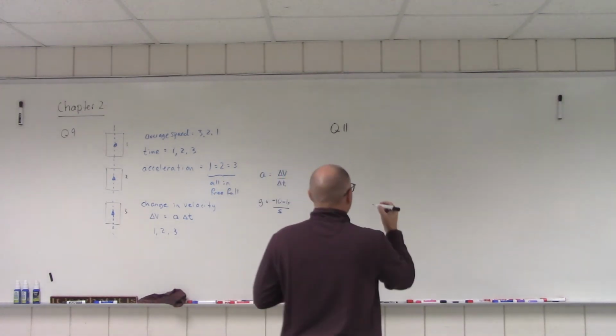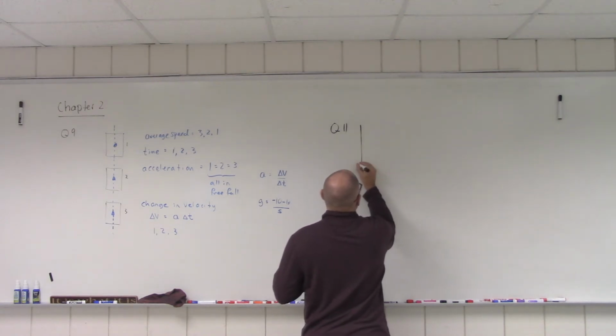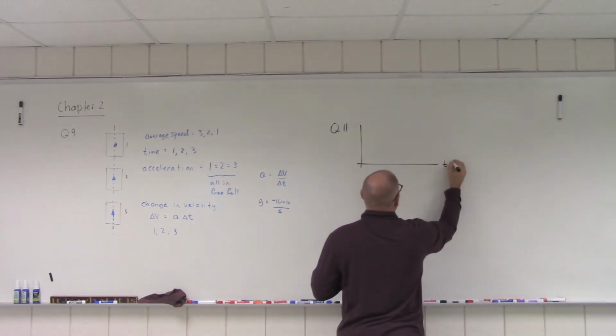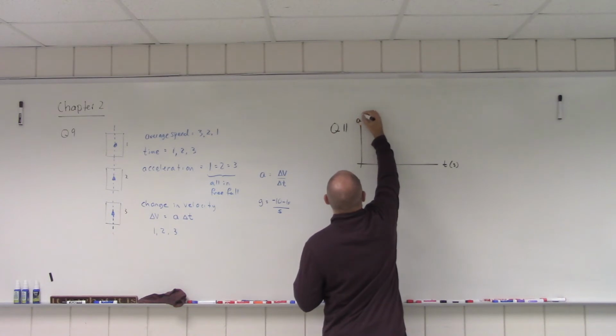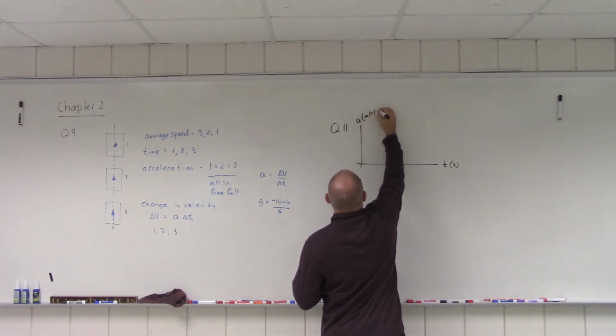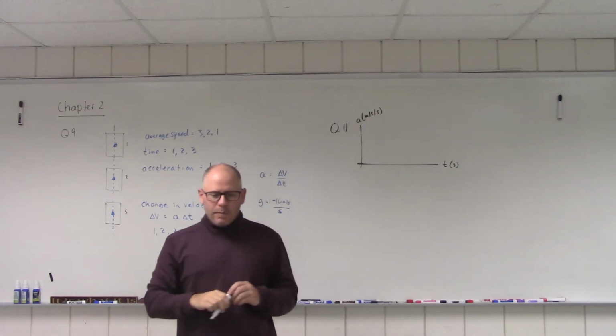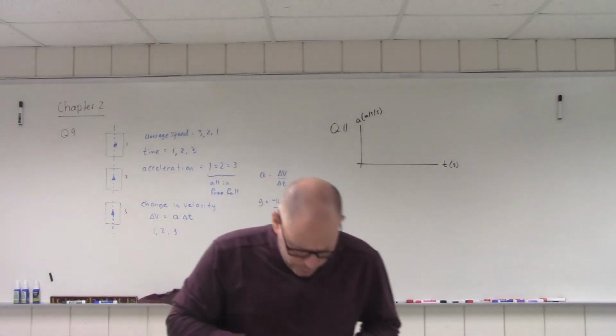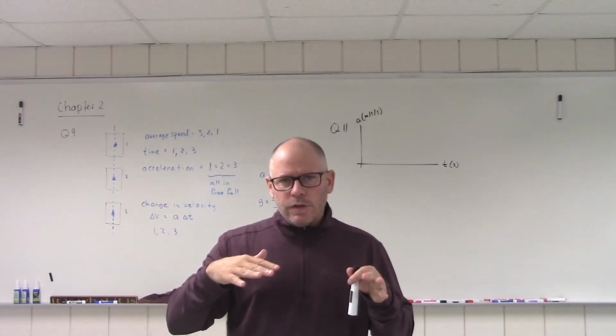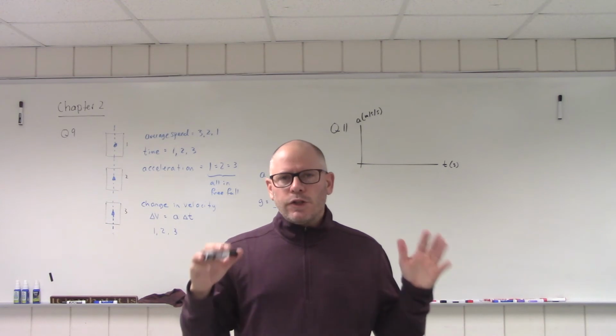It gives us an acceleration versus time graph, and it says that there's an object that undergoes some different accelerations, and it wants to know which has the largest change in velocity.